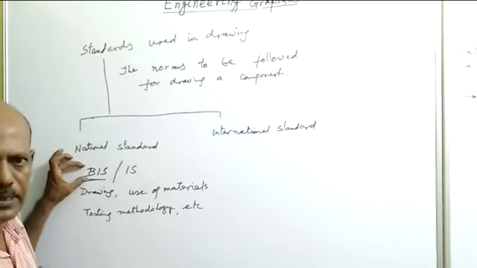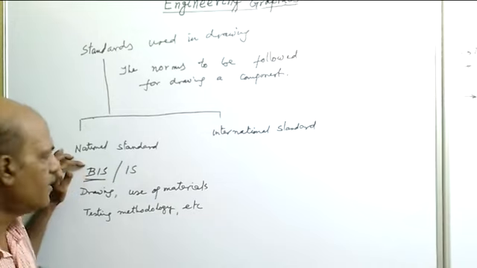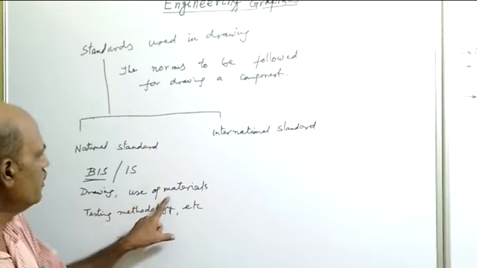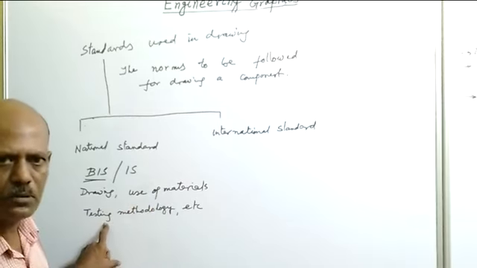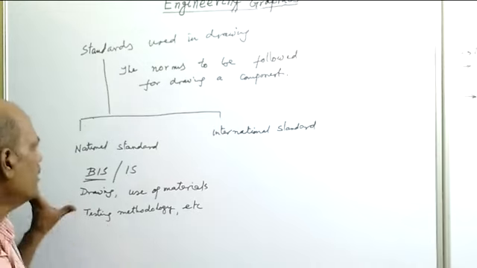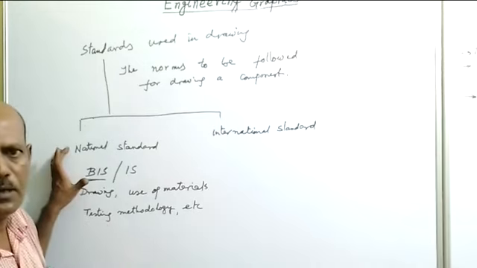It's called the BIS, that is Bureau of Indian Standards. So the procedure of drawing, use of materials, testing methodology or laboratory testing equipment, etc. Everything is decided by this organization, that is called BIS standard.